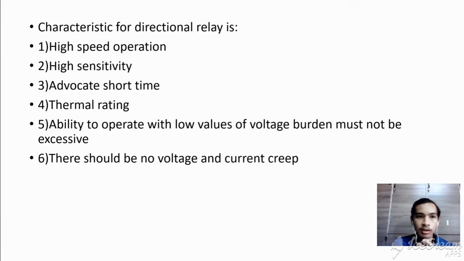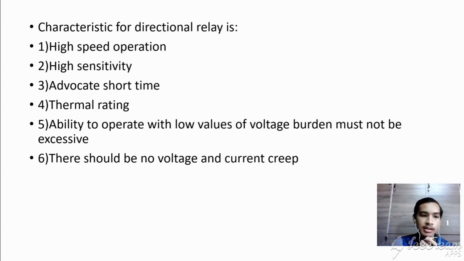Next are the characteristics of the directional relay. First, the directional relay has high speed operation and high sensitivity, a short time rating, and then a thermal rating. Next is the ability to operate with a low value of voltage, but it must not be excessive.